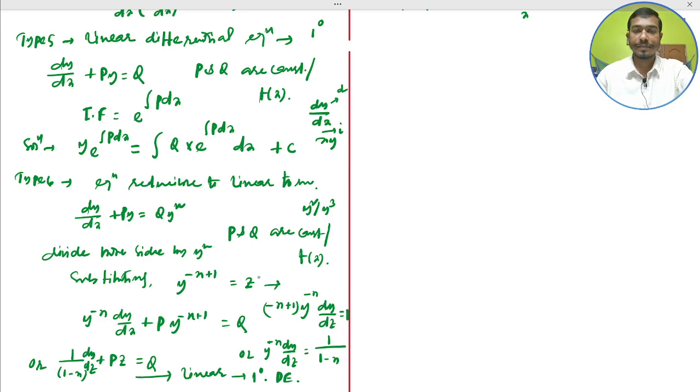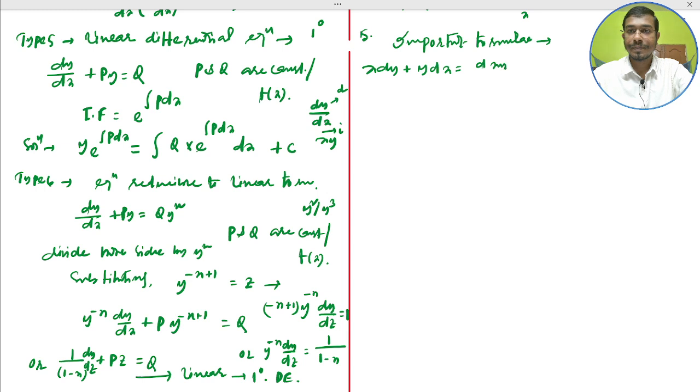Next, the important formulas involving the differential equation. This is basically the exact differential equation. First one, very important: x dy plus y dx becomes d of xy. Next, x dy minus y dx divided by x square becomes d of y by x.